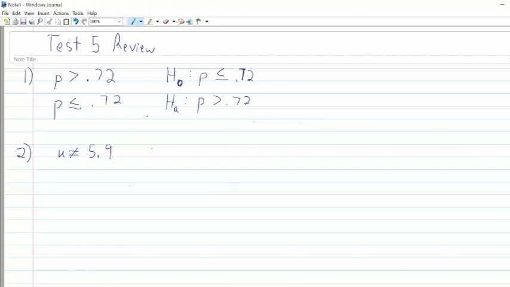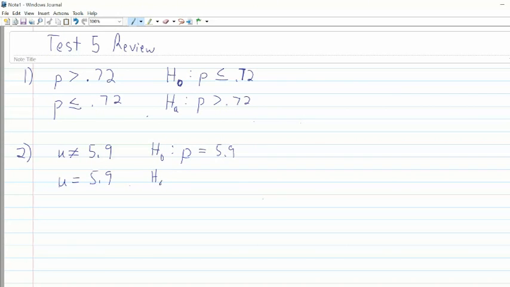Now the opposite of does not equal would be equal. So the null hypothesis is always going to be the one with the equals symbol in it, like the problem before. So our null hypothesis is going to be mu equals 5.9.